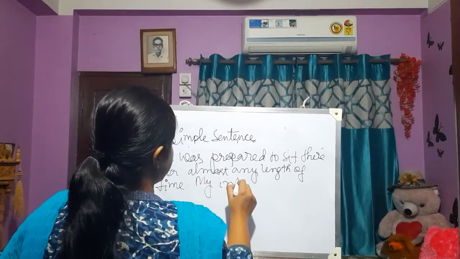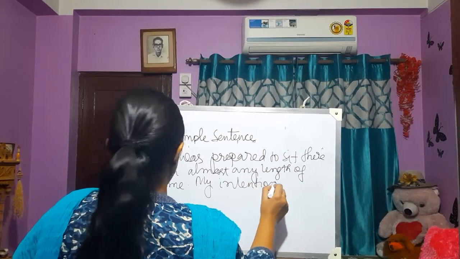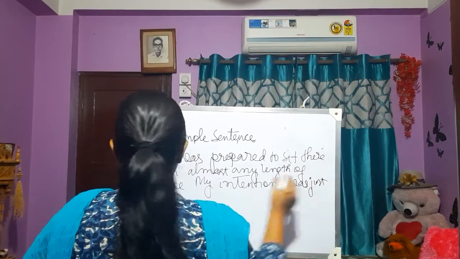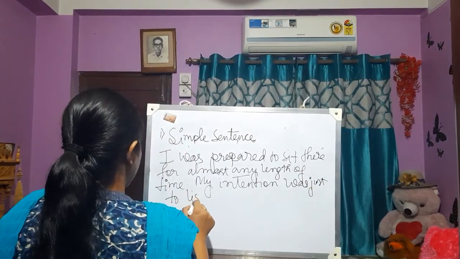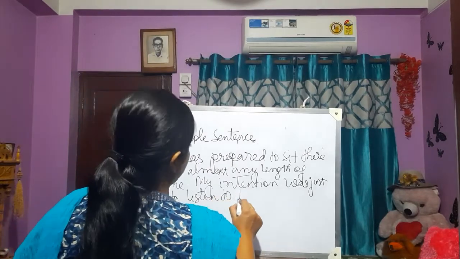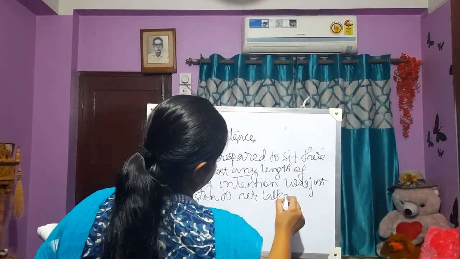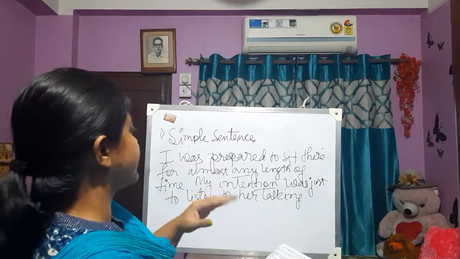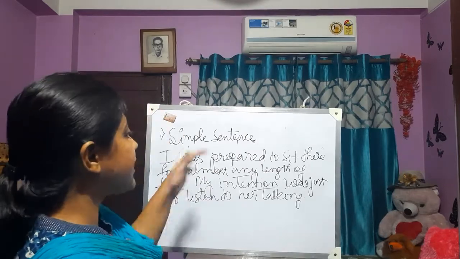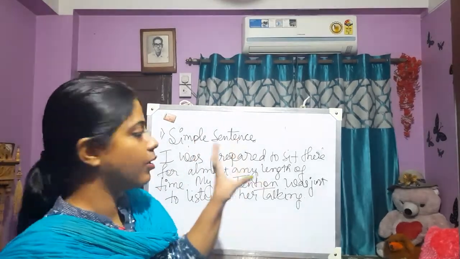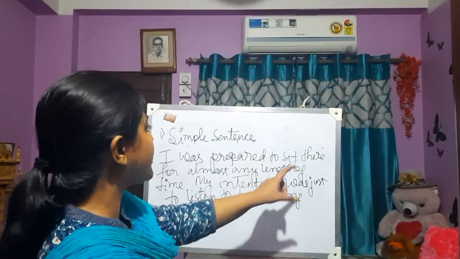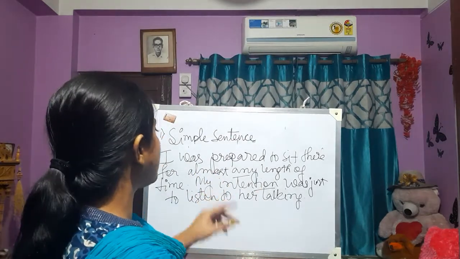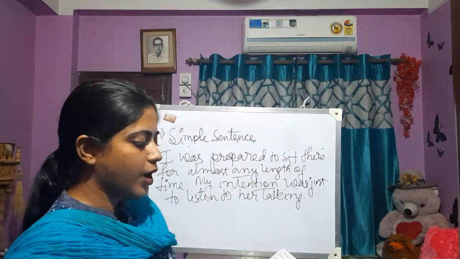My intention was just to listen to her talking." All these sentences come under the simple sentence. Now here, as you can see, there are two sentences. "I was prepared to sit there for almost any length of time" is sentence 1. Sentence 2 is "My intention was just to listen to her talking."